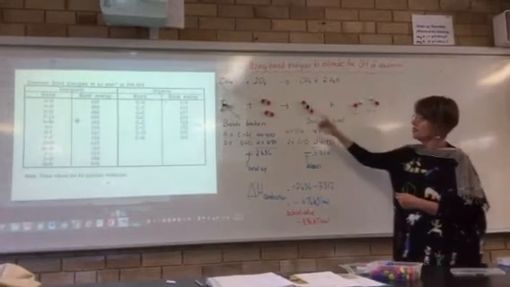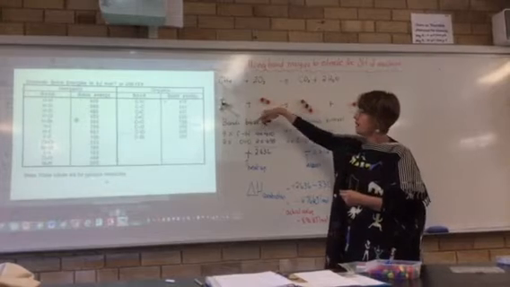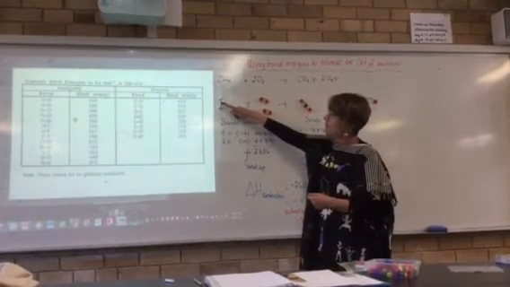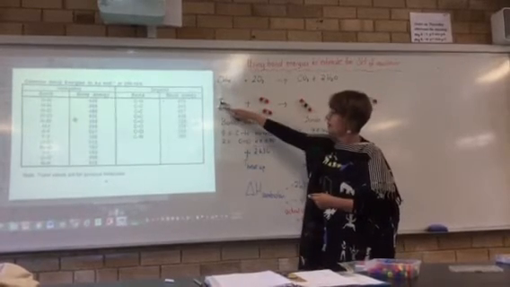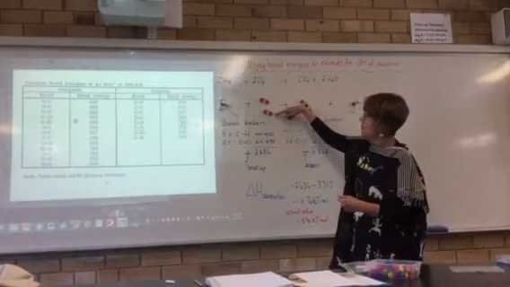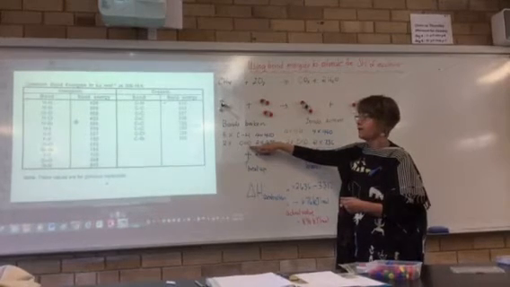So what we're doing is a count of the bonds we have to break on the reactant side to get them back to individual atoms. And we have 4 C-H bonds here within the methane molecule, and within the 2 oxygen molecules we have 2 oxygen-oxygen double bonds.